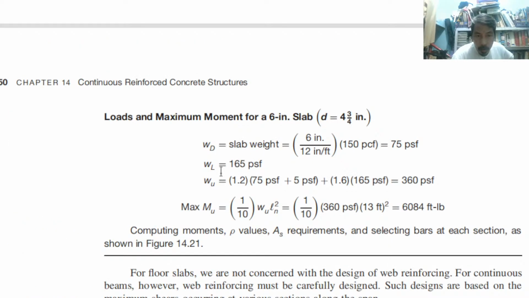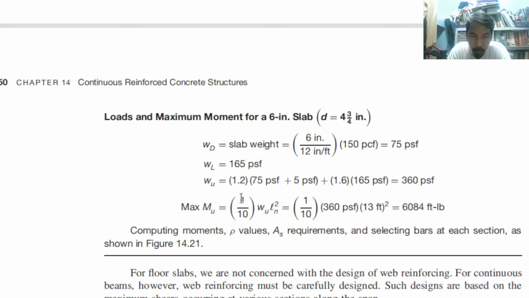So therefore, we can compute. 1.2 times dead load plus 1.6 times live load. So therefore, 360. 360 is our W, therefore moment.